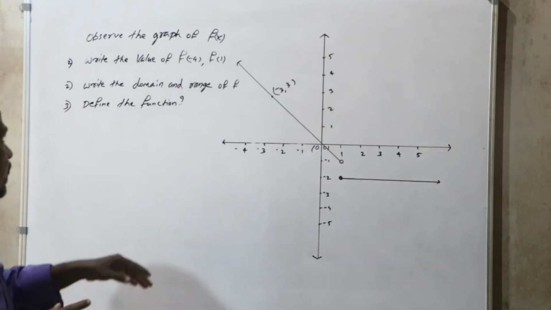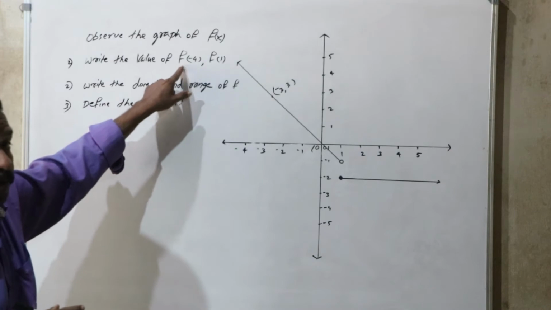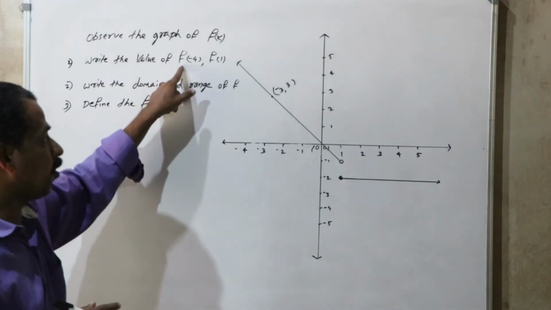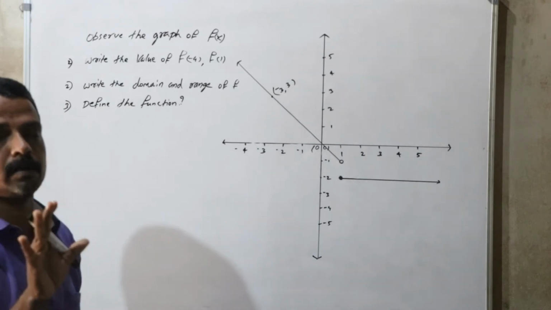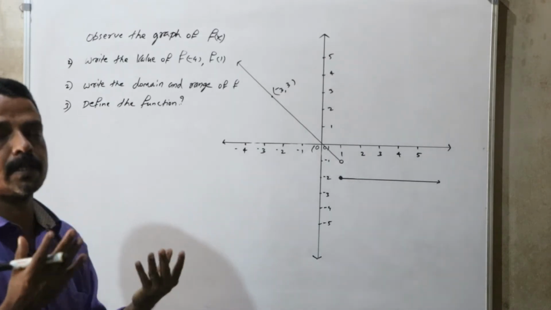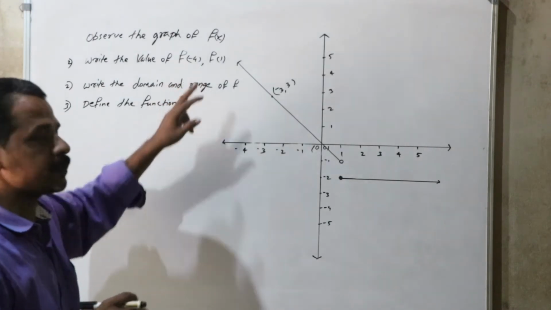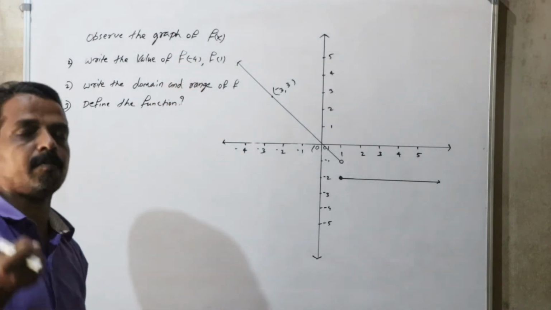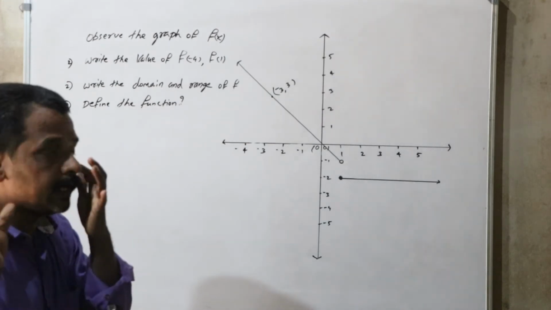Okay. The first question is: write the value of f of minus 4. F of minus 4 means the x coordinate is minus 4. What is its y coordinate? That is very important. F of minus 4 is equal to, where the x coordinate is minus 4. What is the y coordinate?